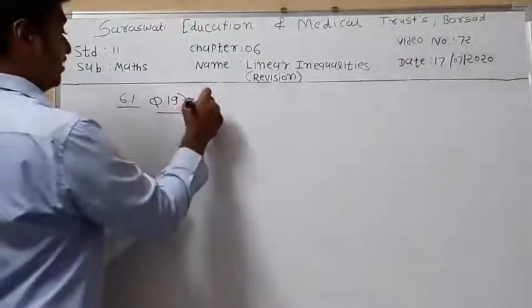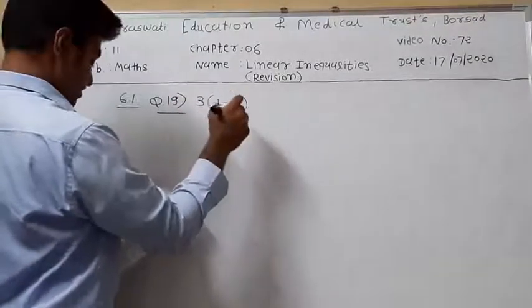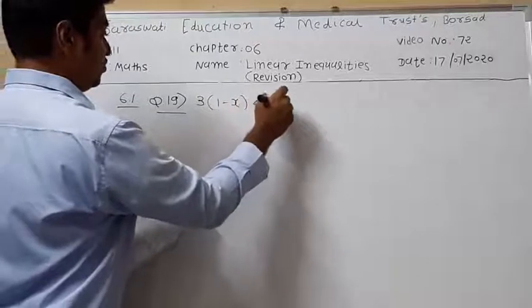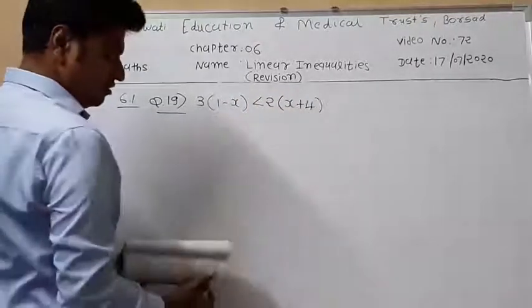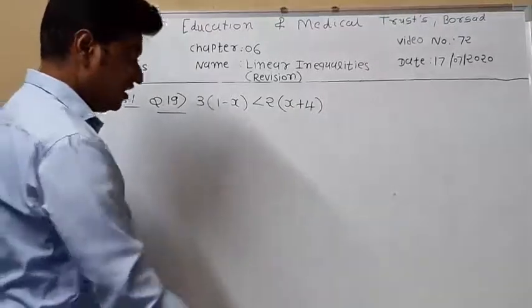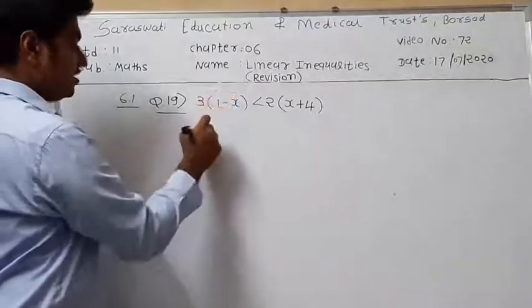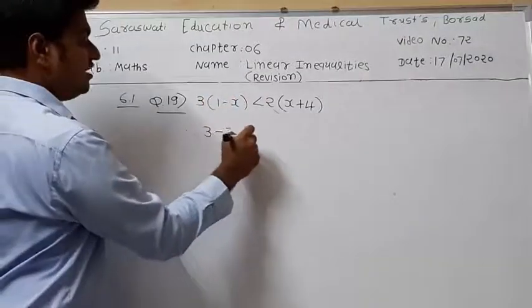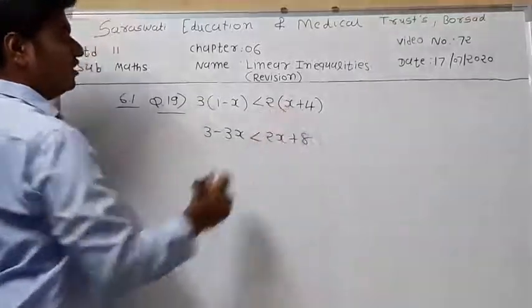So first of all, the inequality is 3 into bracket 1 minus x less than 2 into bracket x plus 4. Now after opening the brackets, therefore 3 minus 3x less than 2x plus 8.